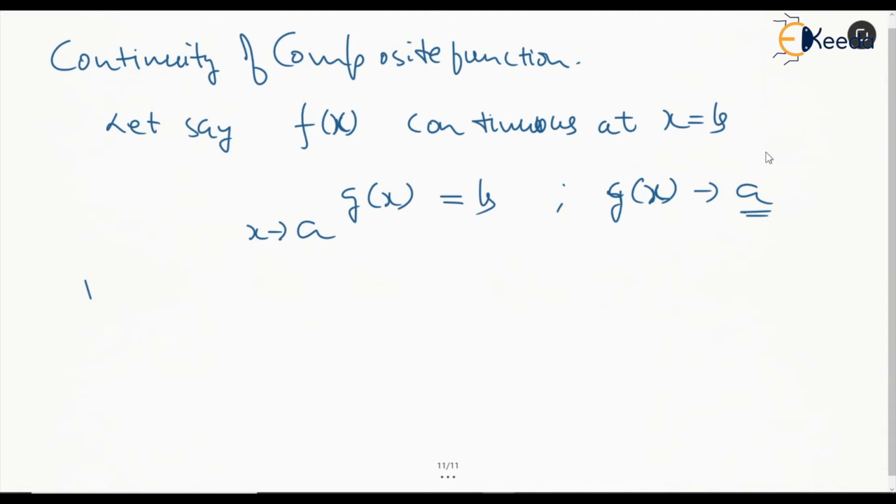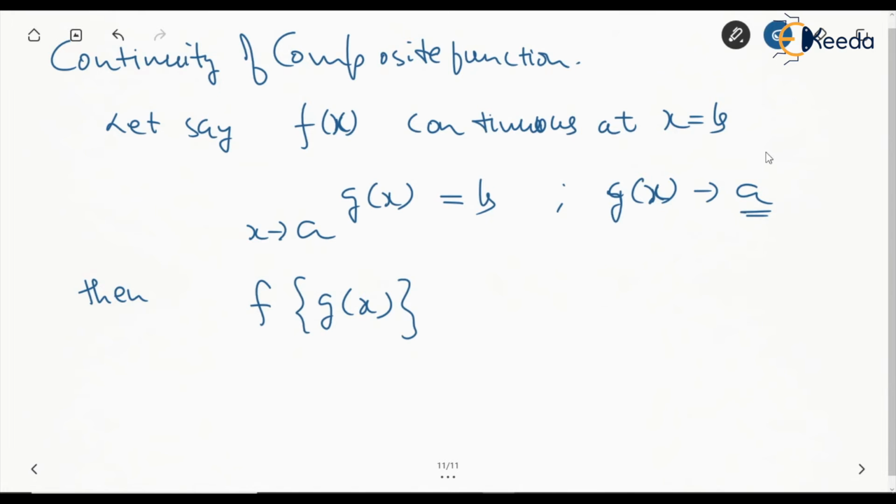Then the function f of g of x for x tends to a will directly become f of b, right?